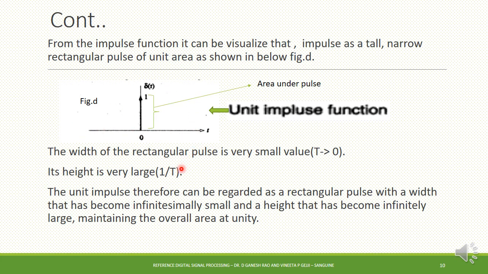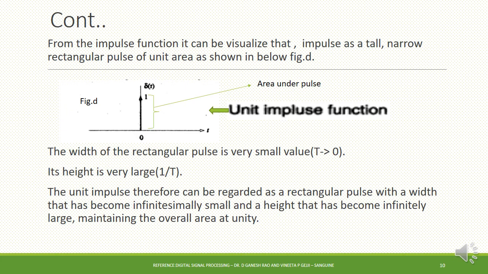In the next figure, we want to show that the height is very large and the width of the rectangular pulse is very small, that is t tends to 0. The unit impulse can therefore be regarded as a rectangular pulse with a width that has become infinitesimally small and a height that has become large, maintaining the overall area at unity.